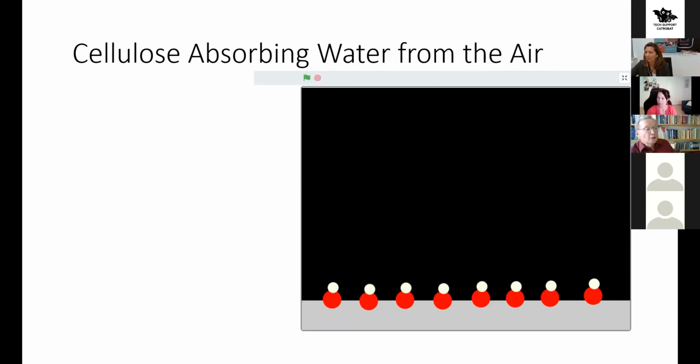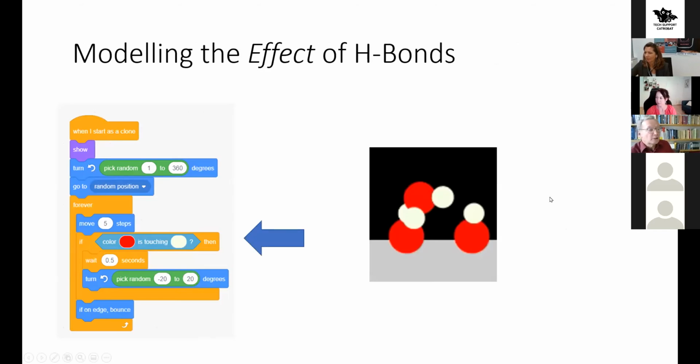model. You just have one type of sprite and many clones of this sprite. And this script describes the behavior of the molecule. And when the red oxygen part of the water molecule hits something white, so the hydrogen atom of this group at the cellulose molecule, then it waits just half a second.